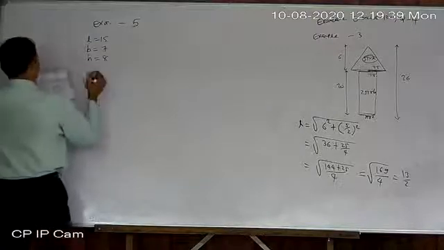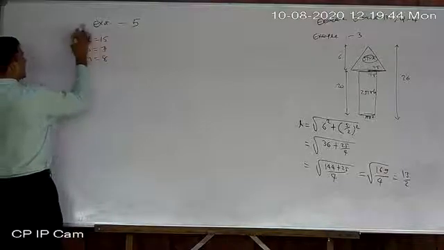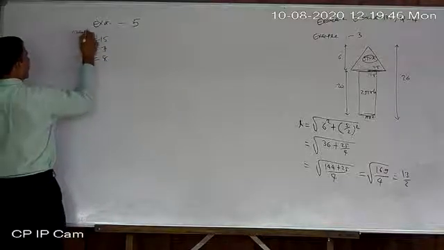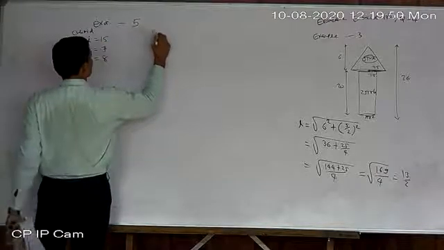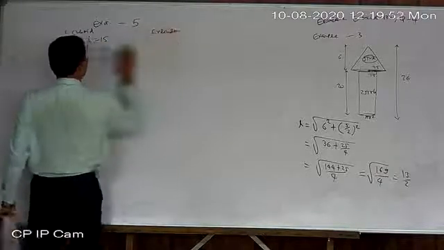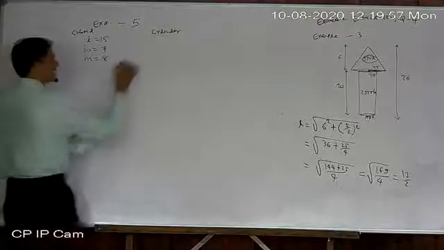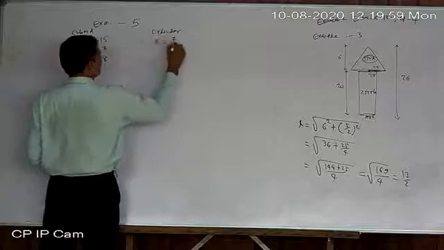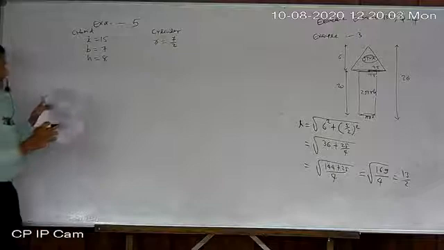This is for the cuboid. If you look at the half cylinder, then this 7 becomes the diameter. So R will be 7 by 2, because 7 becomes the diameter of the cylinder.